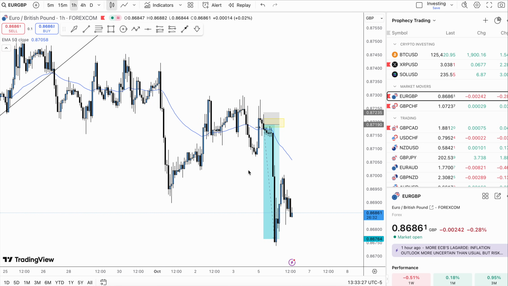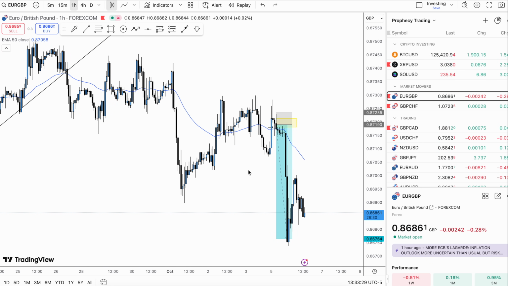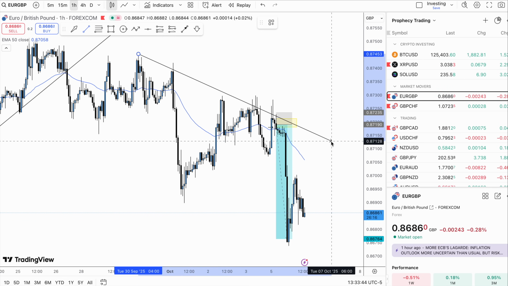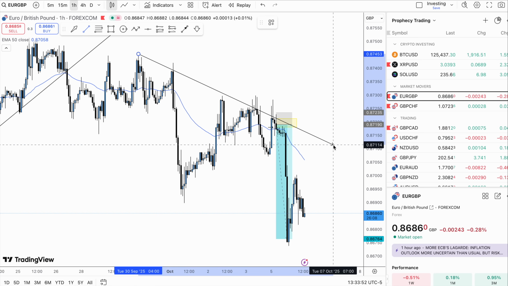So first things first, we're in the hour chart. The first thing I did was grab our trend line and go from this high here, and I grabbed this wick, went across this wick. Essentially the goal is to touch and go through as many wicks as possible without cutting through the body, to add confluence as far as structure and respecting a trend line.